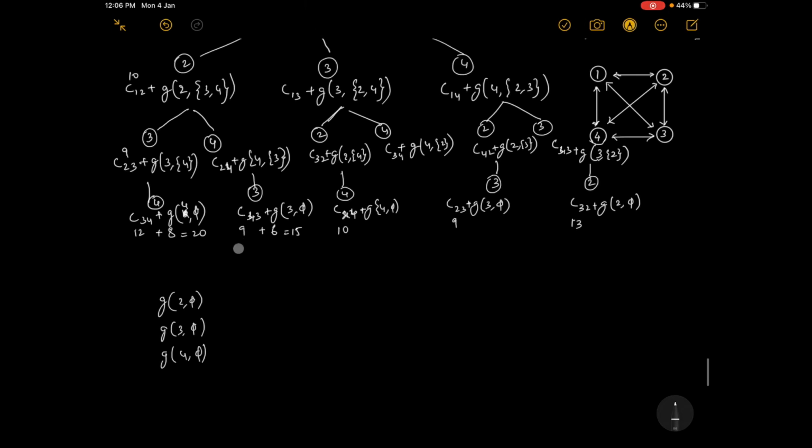Okay, so you can observe here 4 5 is there, 3 5 is there, 4 5 is there, 3 5 is there, 2 5 is there. Okay, and I forgot to write here, the left out is 2. So C 3 4, 4 2 plus g of 4 comma 5, it is 2 comma 5.